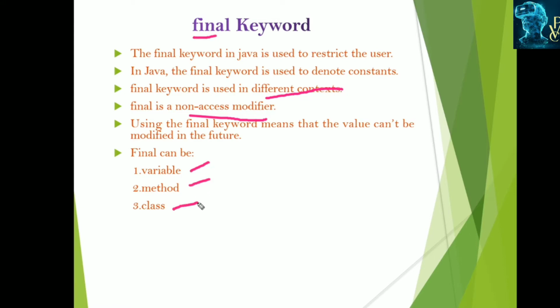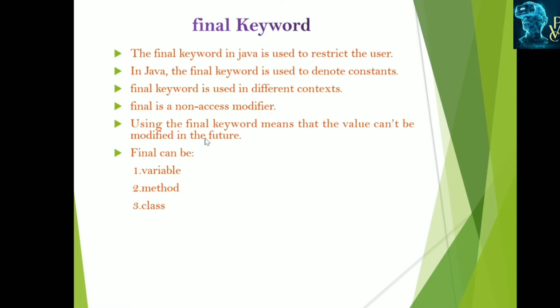So we learn in detail about what changes we observe when we are applying it to the variable, when we apply it to a method, when we apply it to a class, and what are the usages of final variable, final method and final class.